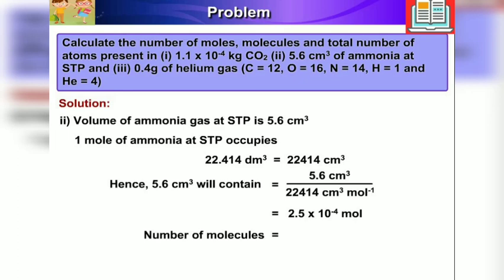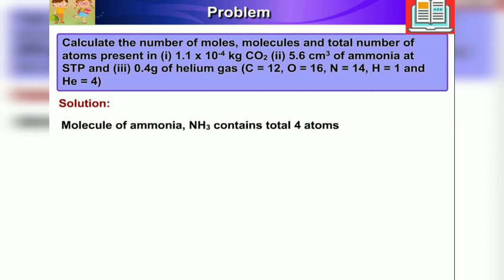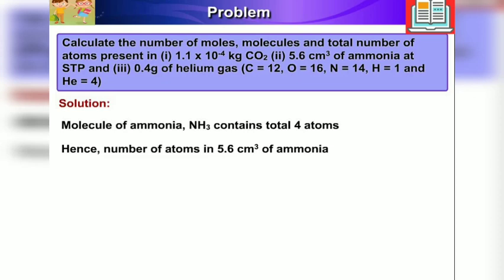Number of molecules equals 2.5 into 10 raised to minus 4 into 6.022 into 10 raised to 23, equals 1.5055 into 10 raised to 20 molecules. A molecule of ammonia, NH3, contains a total of 4 atoms. Hence, number of atoms in 5.6 cubic centimeters of ammonia equals 4 into 1.5055 into 10 raised to 20, equals 6.022 into 10 raised to 20 atoms.